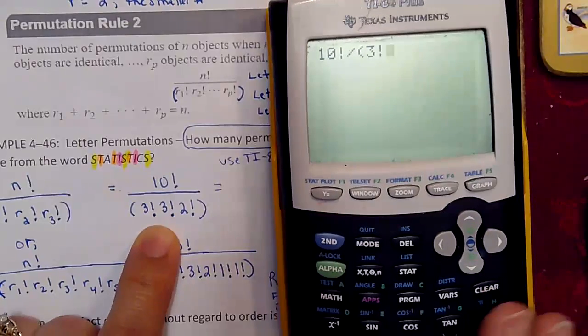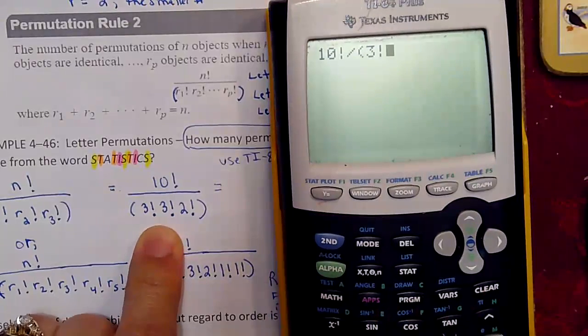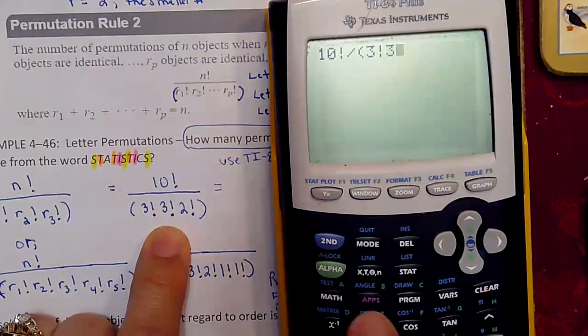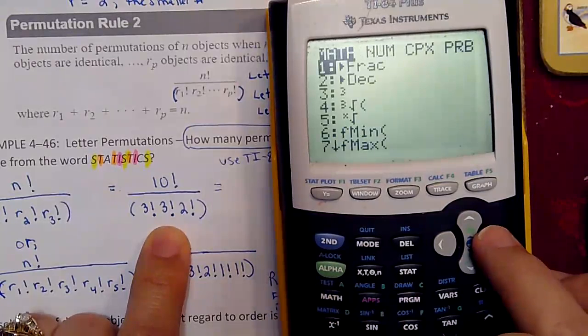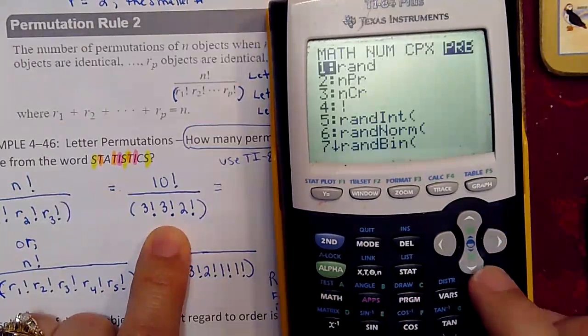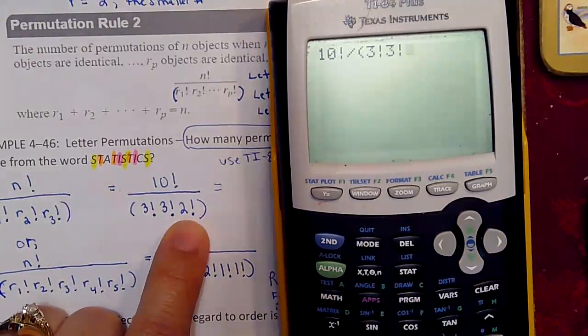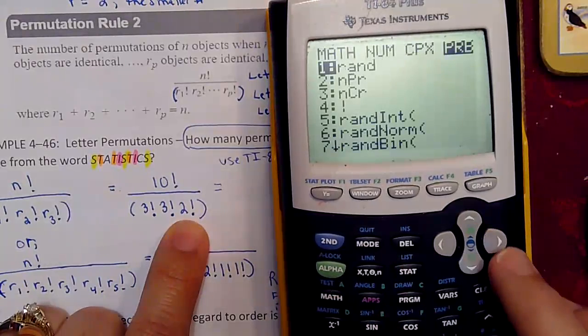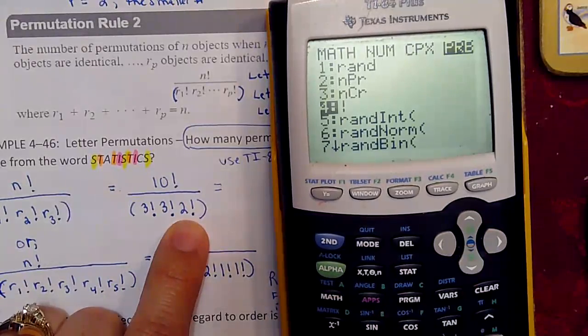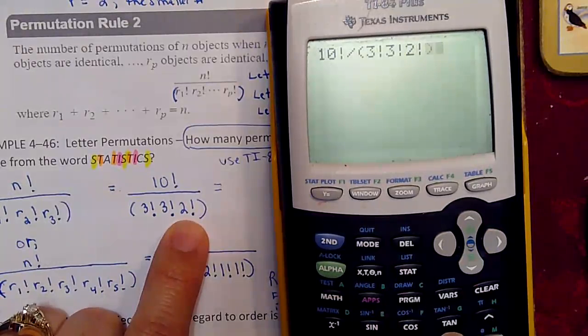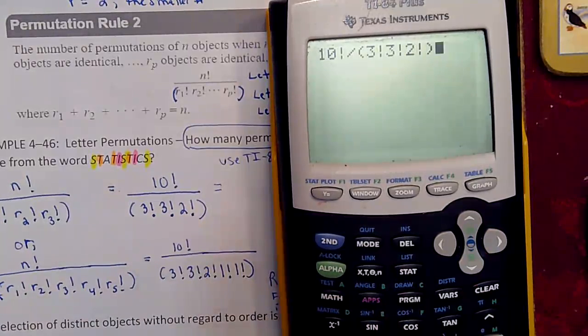And then you don't even have to hit times. It's implicit, it's implied. So just hit 3 math, tab to probability, and then number 4 again. See? And then 2 math, probability, and then number 4 again. And don't forget to close the parentheses. If you don't close it, it'll make a mistake.